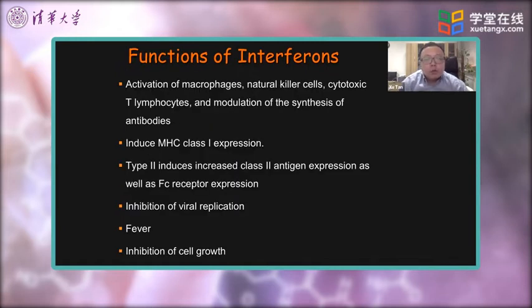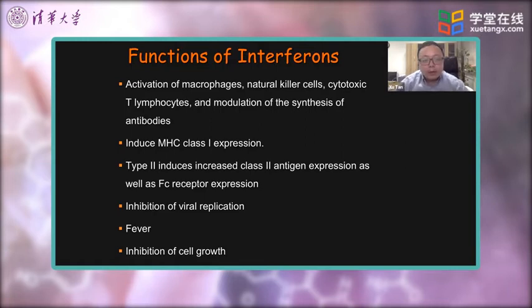So the well-known functions of interferons are listed here. Interferons are basically small proteins that function as signals between cells. They can activate macrophages, natural killer cells, and other lymphocytes such as cytotoxic T lymphocytes. They can also modulate the synthesis of antibodies.